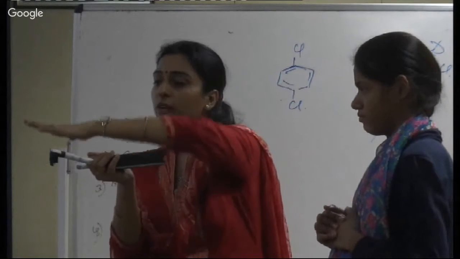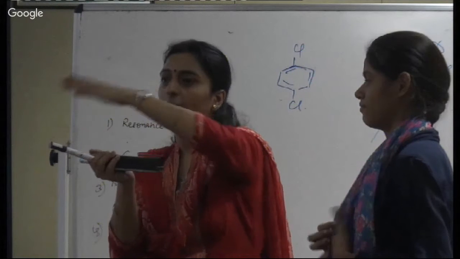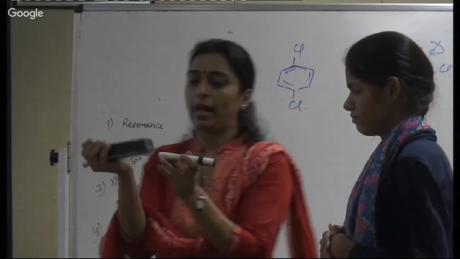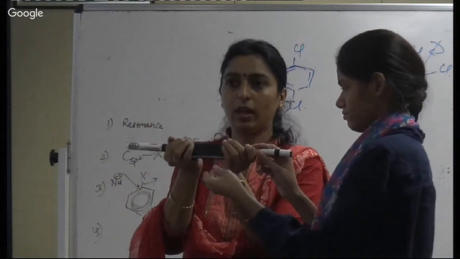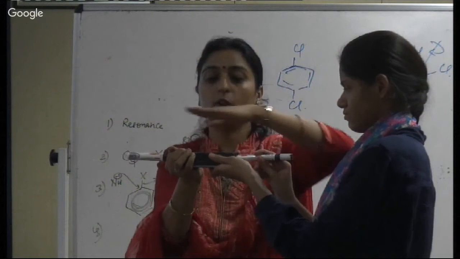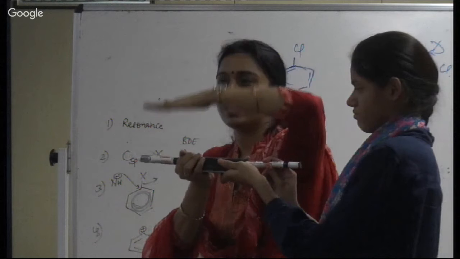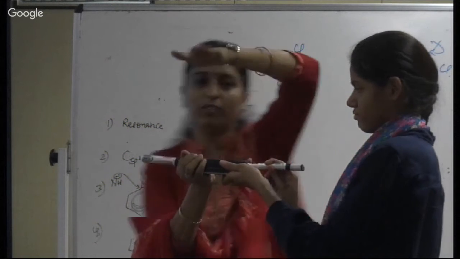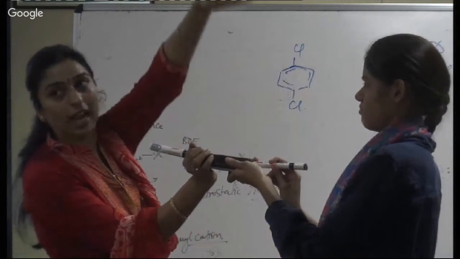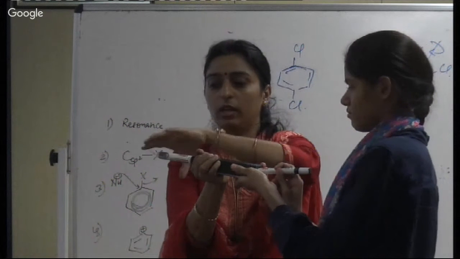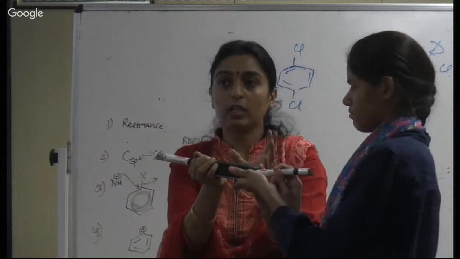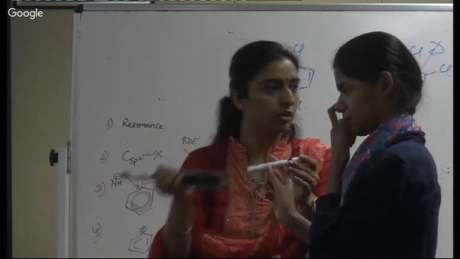So the lattice will not fit exactly the way it fits in the case of para-dichlorobenzene. In para-dichlorobenzene, all the molecules will sit like this only. Even if it turns, the stacking will be the same, so there would be less open space and the lattice would be the best fit.